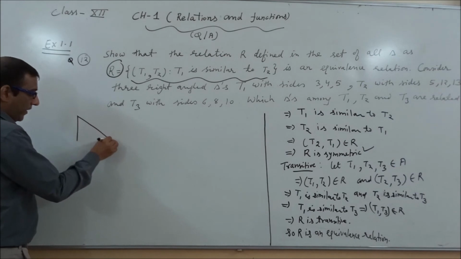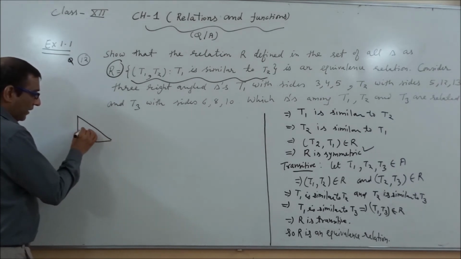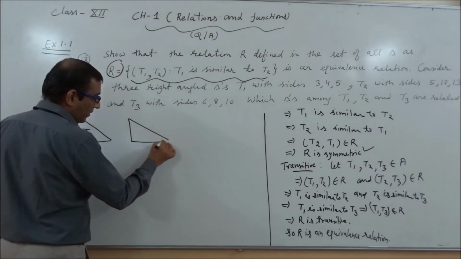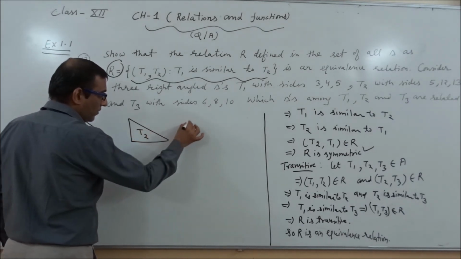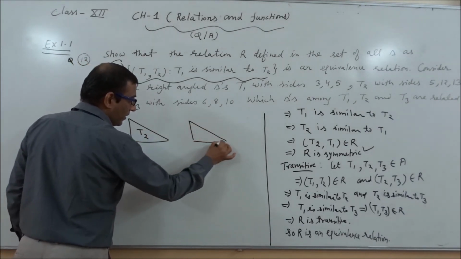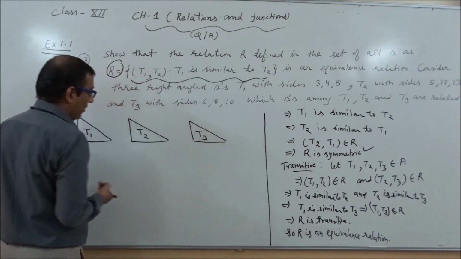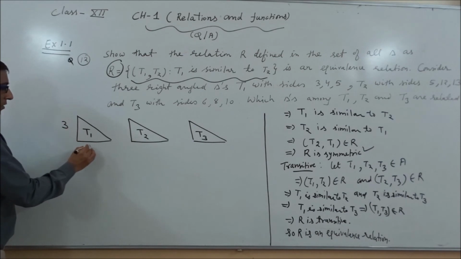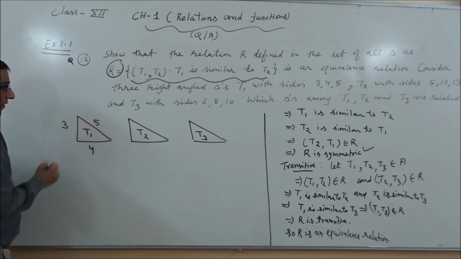So first we will make three right angle triangles. This is T1, this is T2 and this is T3. For T1 it is given to us, the sides are 3, 4 and 5.